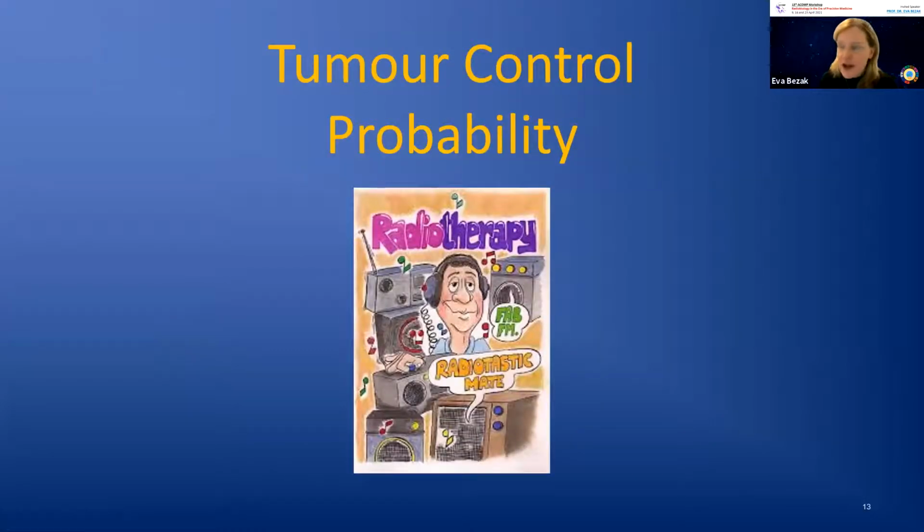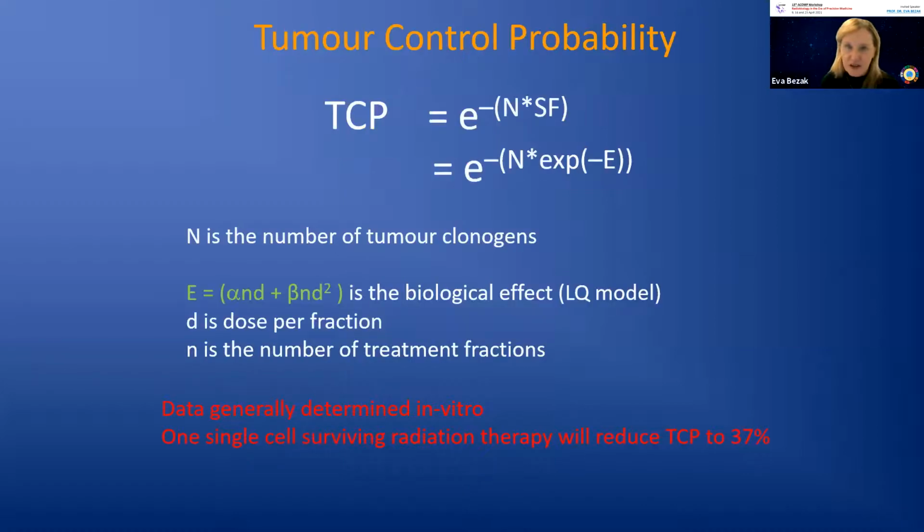So now that we have defined the surviving fraction of the tumor, we can define the tumor control probability. That is that first S-shaped curve that determines the success of the treatment.